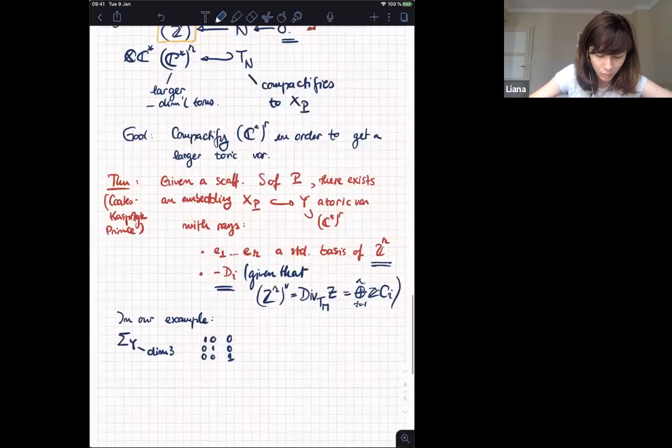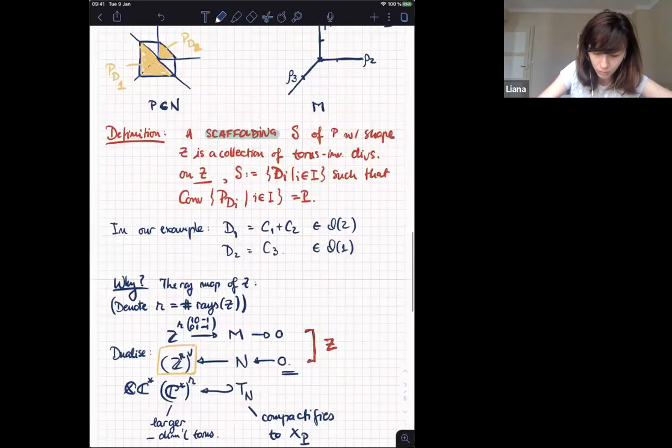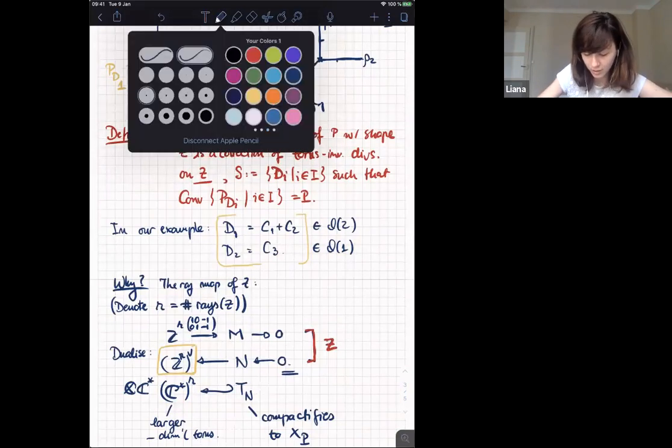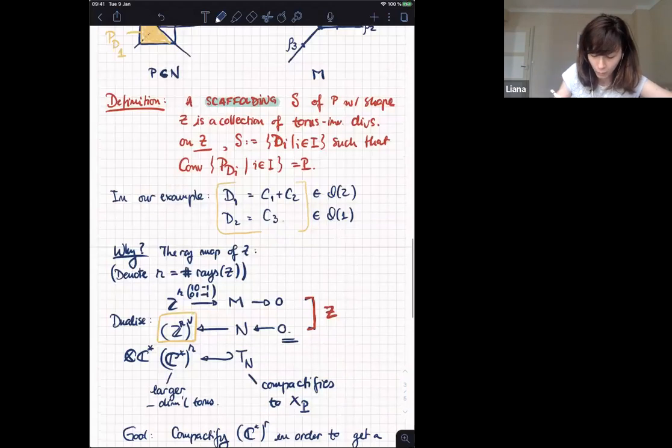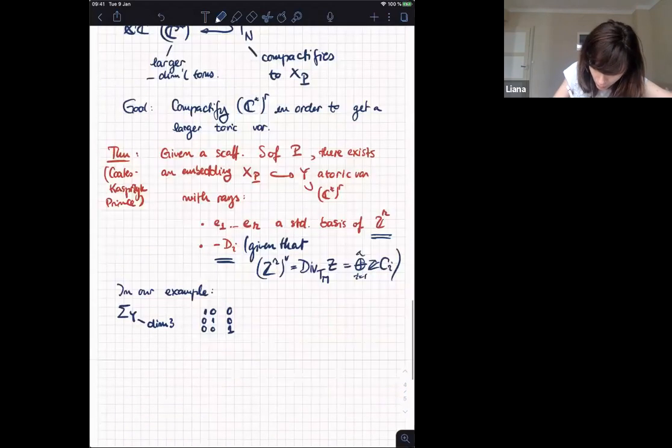Now we have to look at who D1 and D2 are. The basis is C1, C2, and C3. And so when we put minus, D1 is C1 plus C2, so this is going to be minus C1 minus C2. And the other one is just going to be minus C3. Okay, so these are its rays.